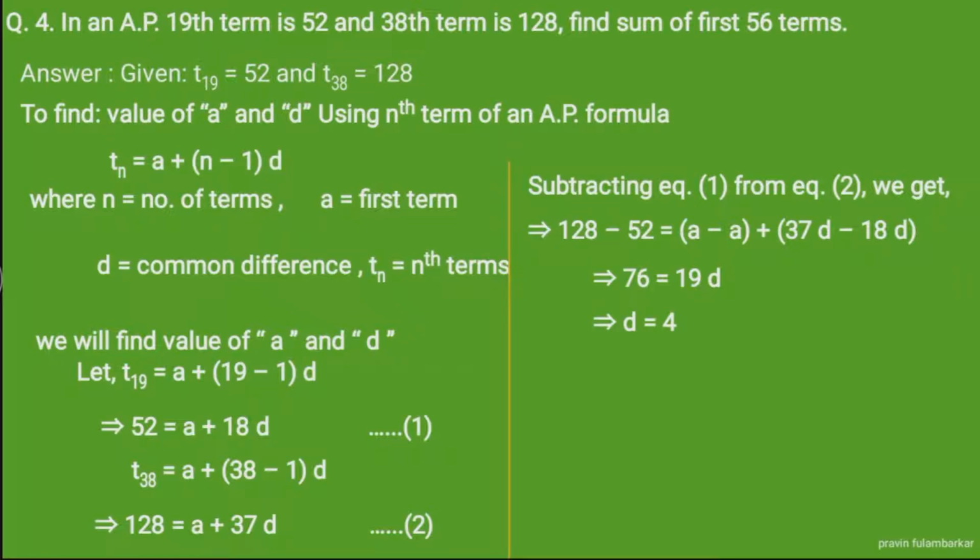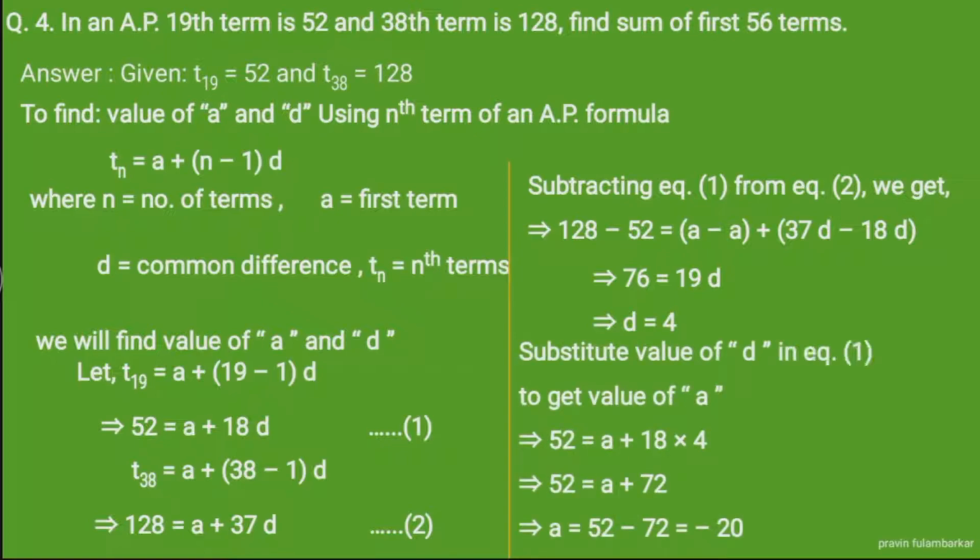Now we have to find the value of A. So we substitute the value of D in equation number 1. Equation 1 is 52 equals A plus 18 into D. So substitute this D as 4. 18 fours are 72.